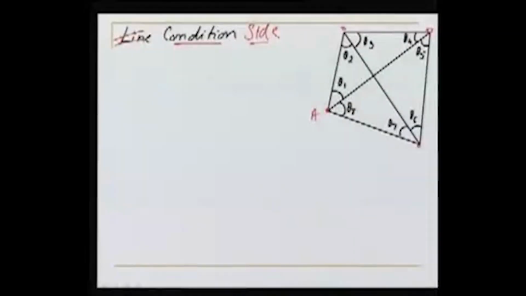Now how do we ensure that? Let us say it is A, B, C and D. That's our quadrilateral. I can do one thing. We can write here BC in terms of AB using the sine rule: sine of theta 8 divided by sine of the angle in front of AB, which is theta 5, isn't it?